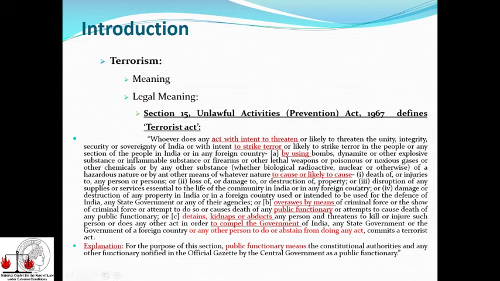Certain means have been provided by which they can create danger to public functionaries, or by detaining, kidnapping or abducting, they will try to compel the government or any person, either government or any person, to do or abstain from doing certain acts which are covered in this definition.